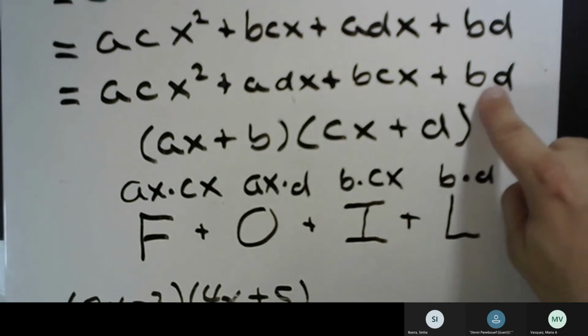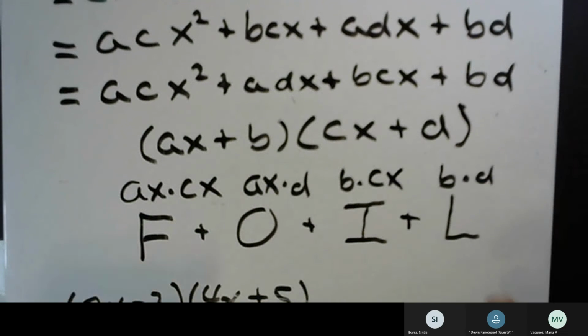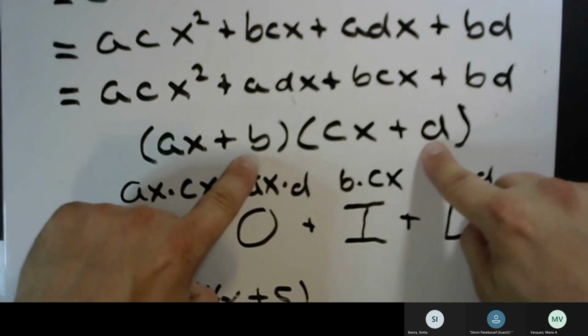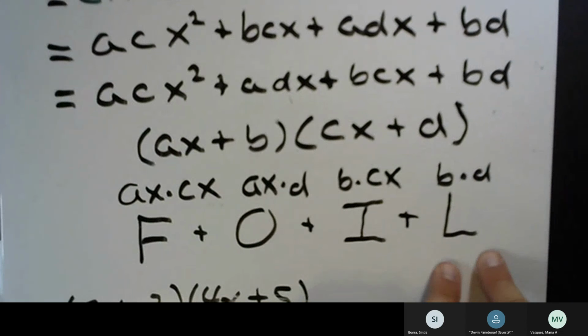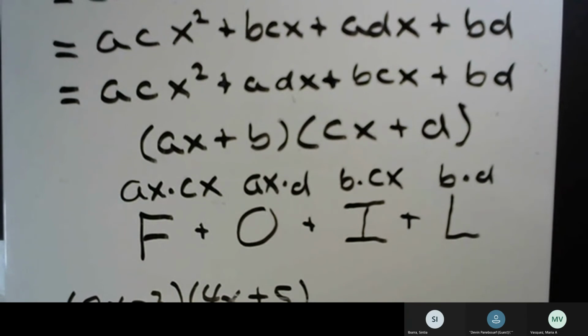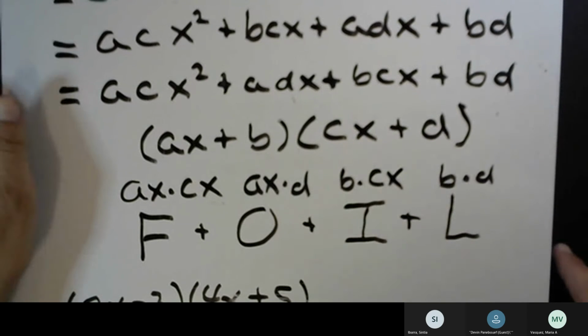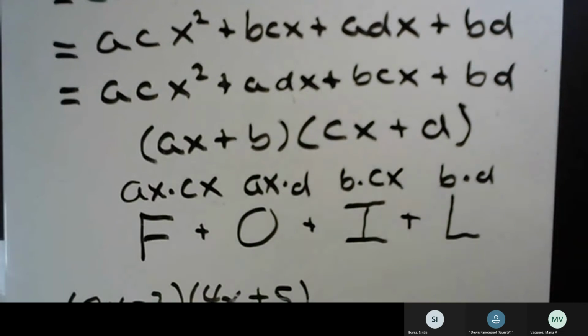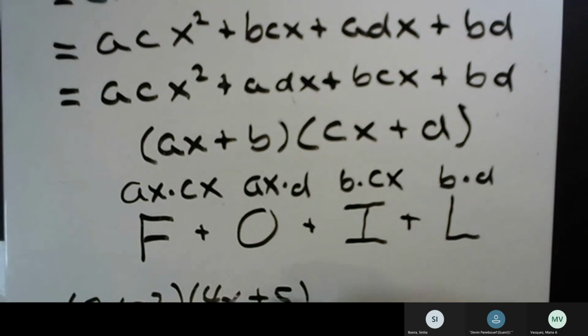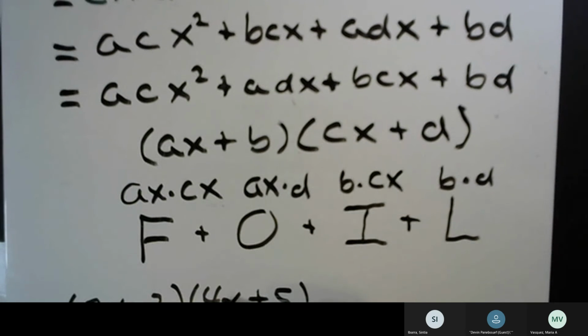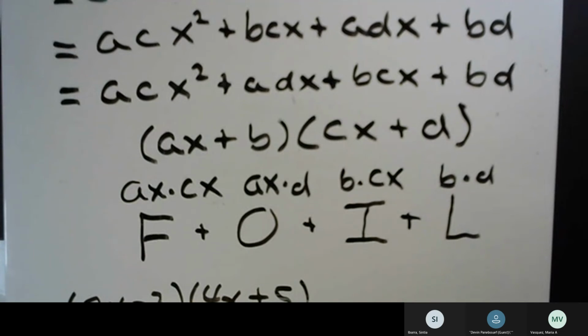And to get this last term, we multiply by the last terms of the binomials. And that gives us b times d. And so first, outer, inner, last. And that's going to be our shortcut for FOIL. Questions about that? I'll summarize what these stand for.